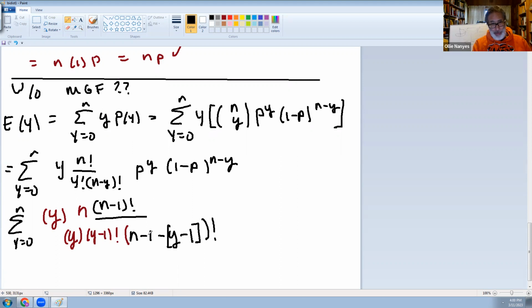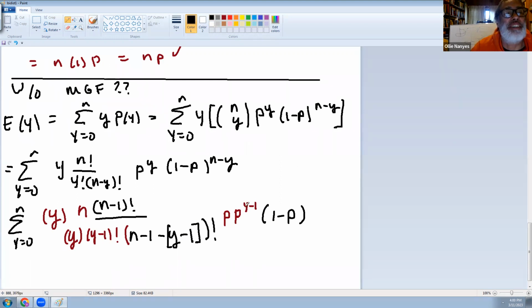So I subtracted a 1 and added a 1, so I have not changed this. Now, finally, I want to take 1 factor of p out of here. I'm going to write this as p to the y minus 1. And the rest of it, I'm not going to change. Well, yes, I am going to change it just a little bit. I'm going to change this as 1 minus p.